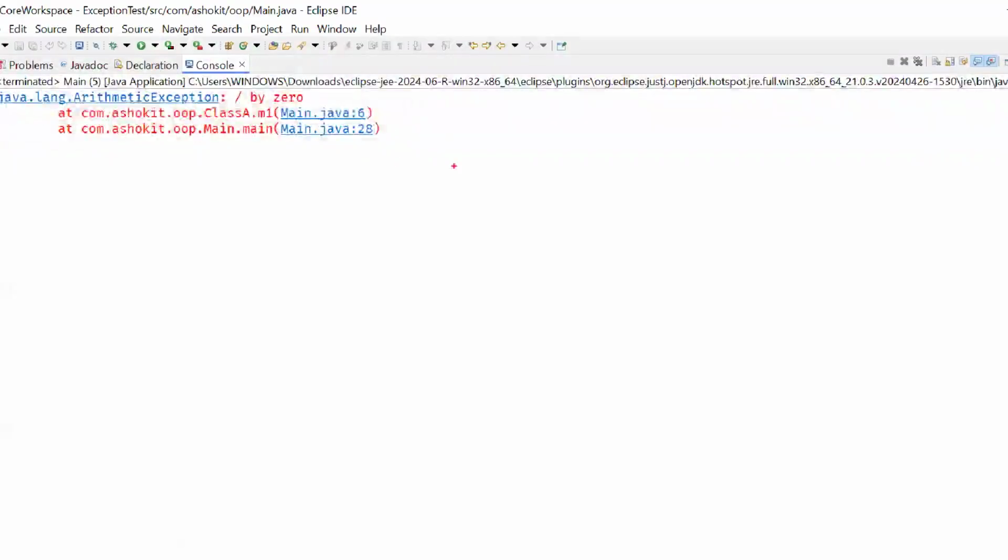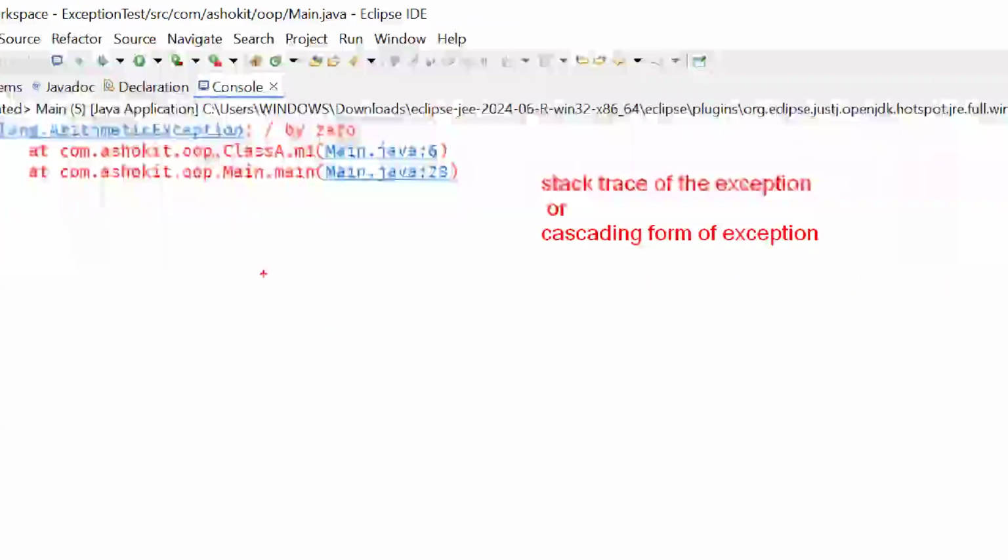This is the stack trace of the exception, which is also called the cascading form of the exception. Any word we use. See, this cascading form has different parts, guys.